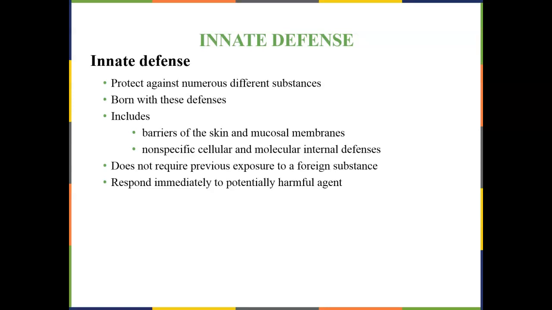So it includes our skin, our mucous membranes, as well as chemicals produced by our cells. It includes certain white blood cells, and it does not require any previous exposure. The response is always going to be the exact same, and it's going to be immediate.